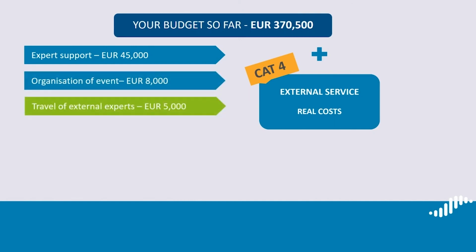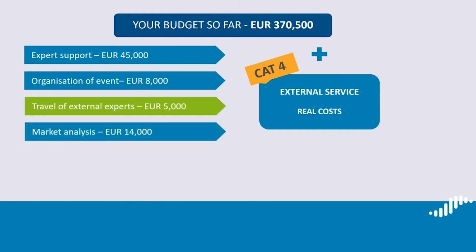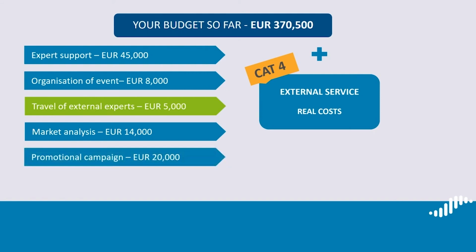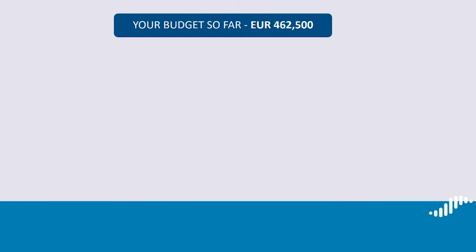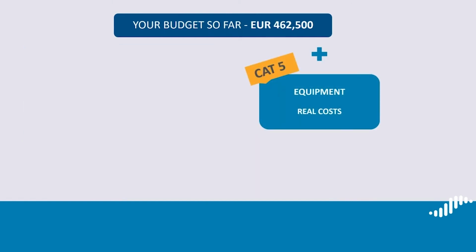This is also the correct category for travel and accommodation costs for external experts, speakers, or service providers. Now we can sum up the estimated values for the items we have planned. As a result, we will get 92,000 euros. Your budget so far is 462,500 euros.